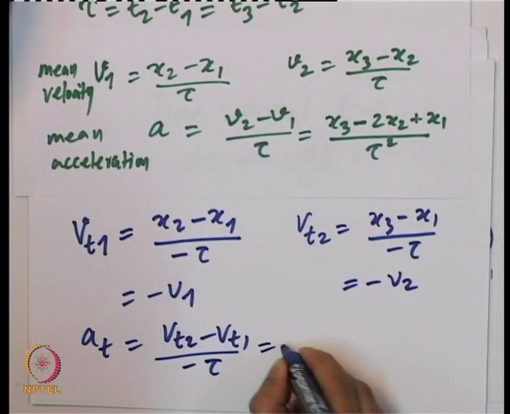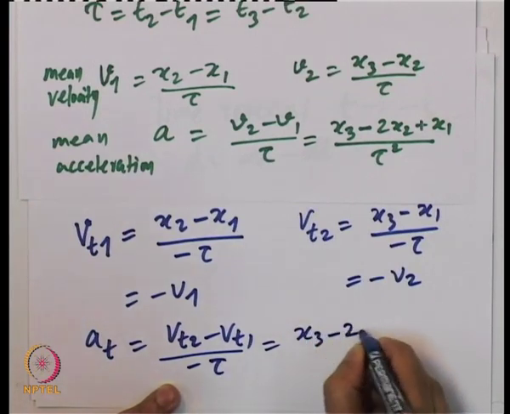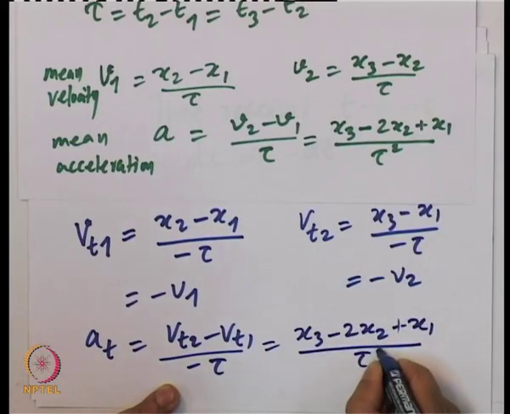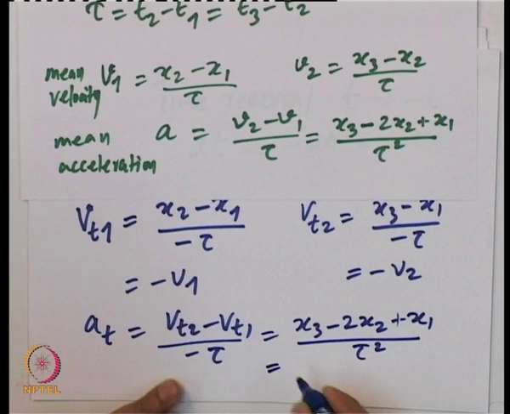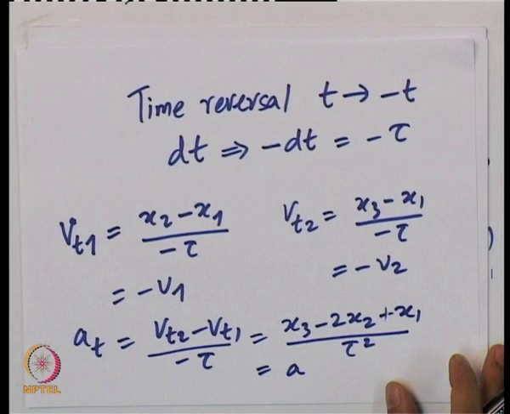So what we will get is nothing but x3 minus 2x2 plus x1 divided by tau square, which is the same expression we got in the initial case without any time reversal, which is a. So what is important to see is, under time reversal and motion reversal, the value of the velocity changes to minus, whereas the acceleration does not change its sign under motion and time reversal.